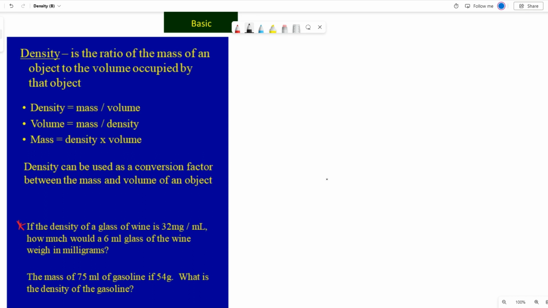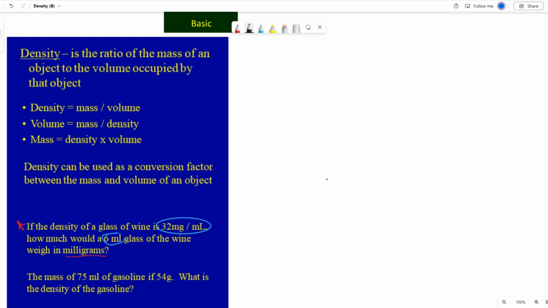We have the density itself, given as 32 milligrams per milliliter, and we also have the 6 milliliters of wine. And what we're being asked to find is the mass in milligrams.